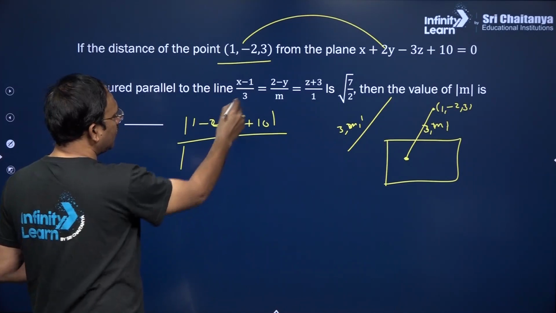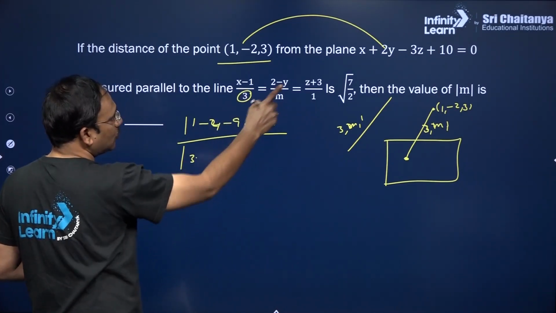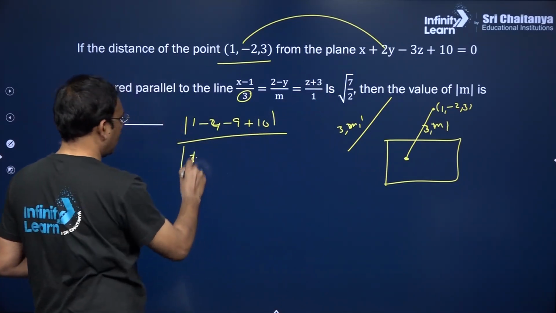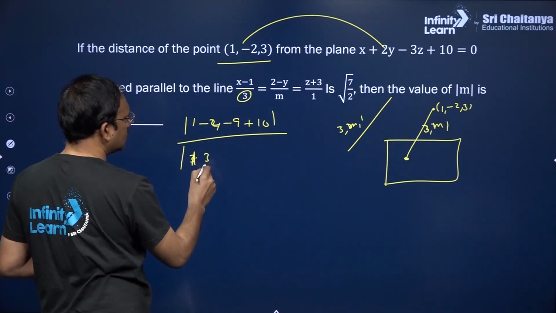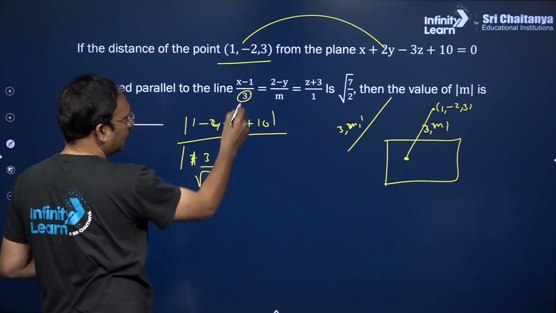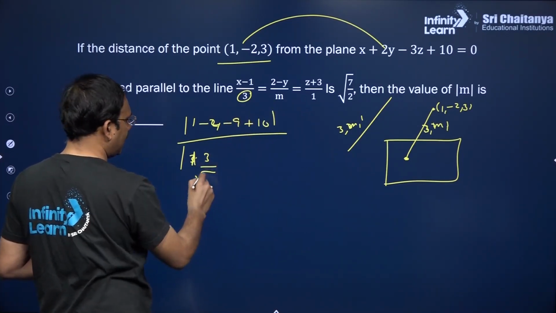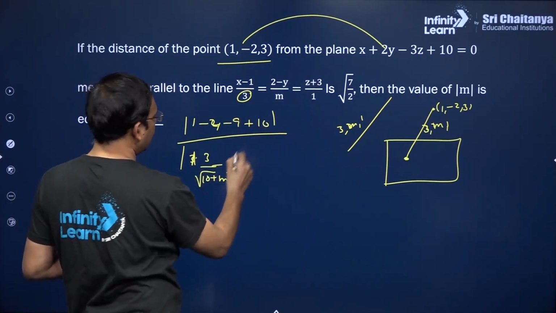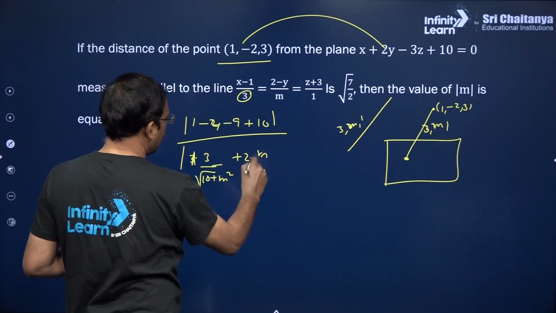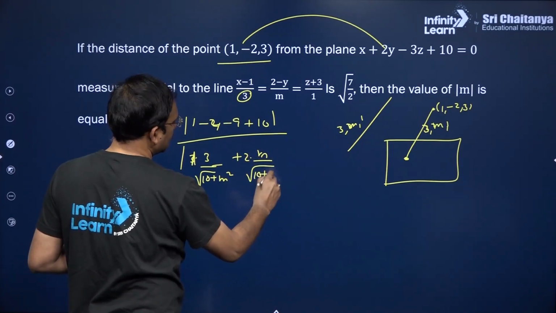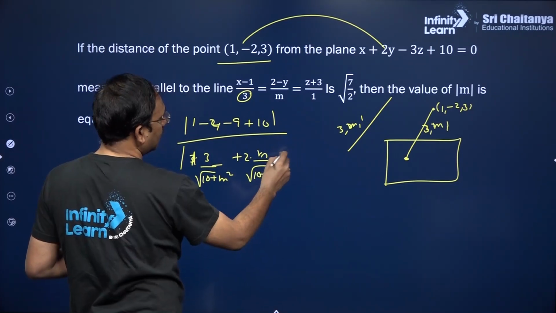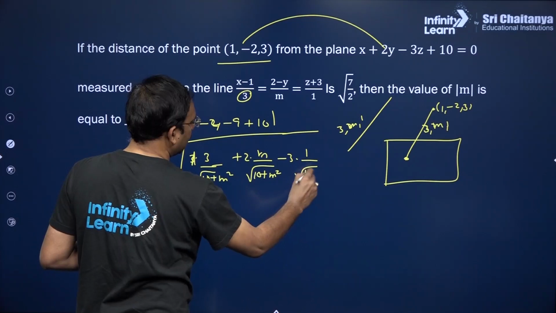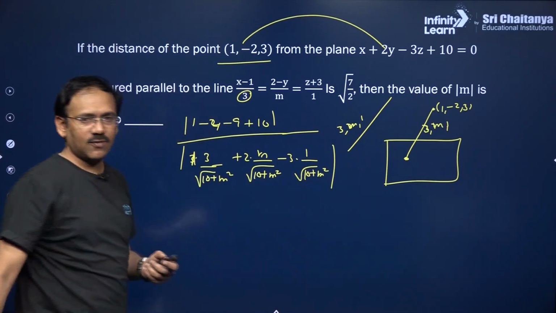This is going to be the DRs 3, into the DCs you have to write. Here the x coefficient is 1 into, here the DC is 3 by root of 3 plus 1, 9 plus 1, 10 plus m square. This is the first term, and the next coefficient is 2 into m by root of 10 plus m square. Then next minus 3 into 1 by root of 10 plus m square. This is the distance, my dear friends.